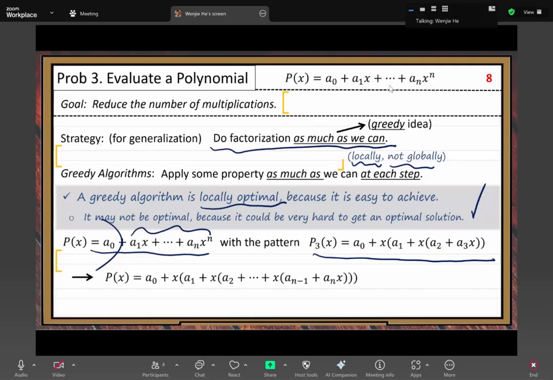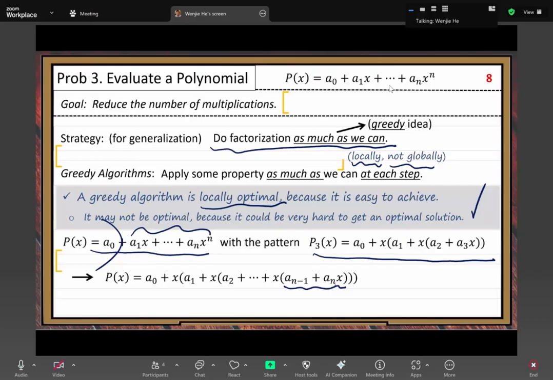That's this one. Okay, round by round. Keep doing. Every time you do one round of factorization, you get into the inner parenthesis, another round, inner parenthesis, another round, until the last round.